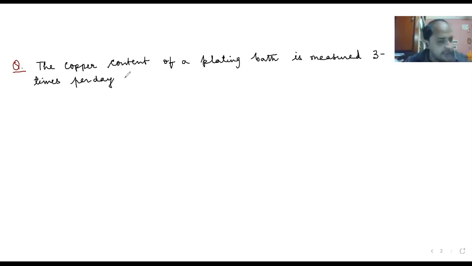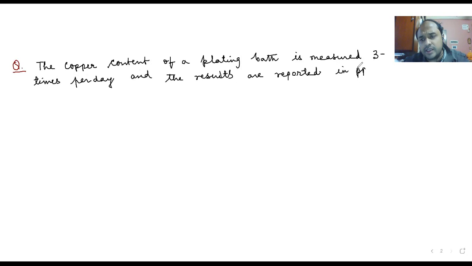And the results are reported in ppm. ppm is the unit. I'm less interested in these units because I'm doing the statistical quality control.